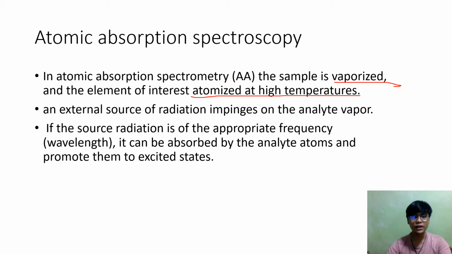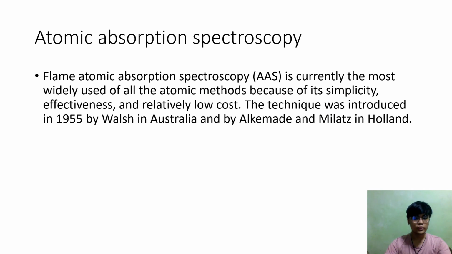So, an external source of radiation impinges on the analyte vapor. The light source is typically a hollow cathode lamp containing the element to be measured. If the source radiation is of the appropriate wavelength, it can be absorbed by the analyte atoms and promote them to excited states.